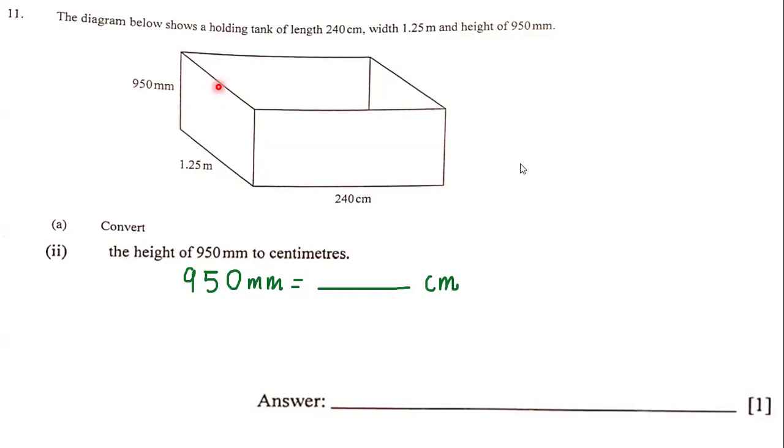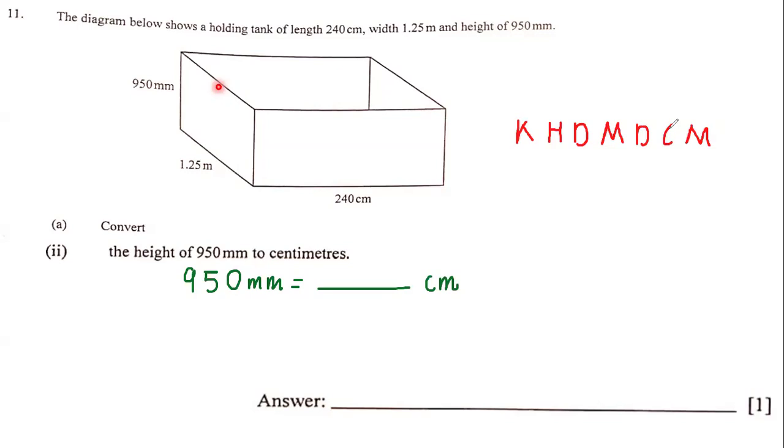So let's go ahead and divide it by 10. So let's see. So we can read this as what? Knock him down, minister, don't commit murder.